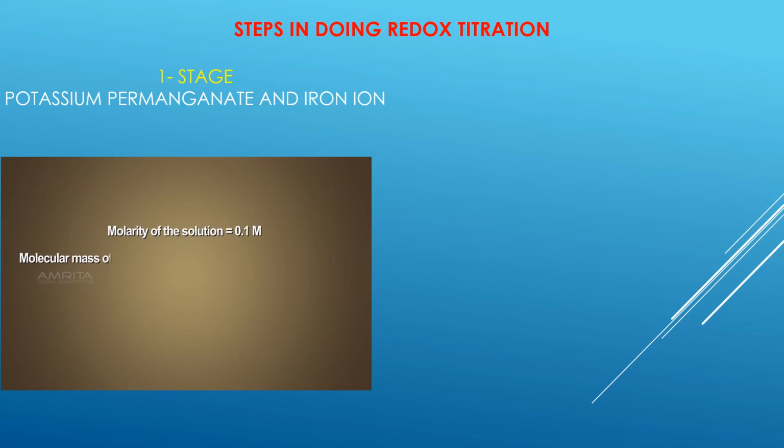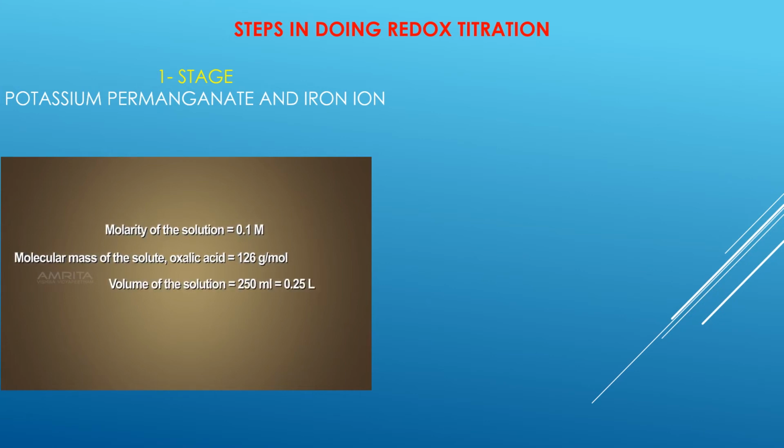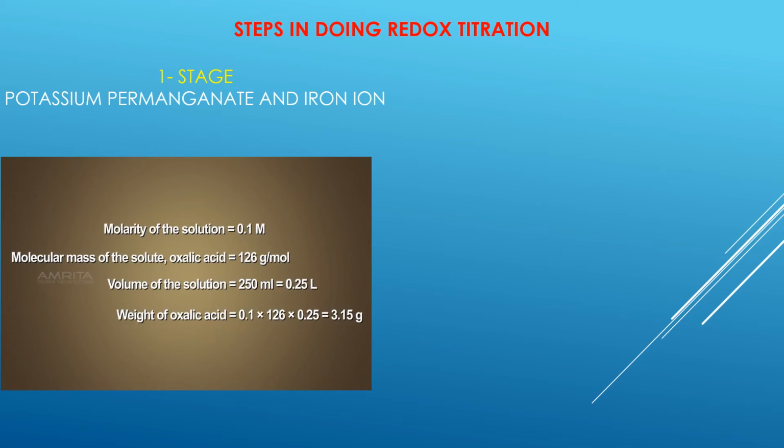Molecular mass of the solute oxalic acid is 126 grams per mole. Volume of the solution is equal to 250 ml, that is equal to 0.25 liters. Therefore, the weight of oxalic acid required is equal to 0.1 × 126 × 0.25, that is equal to 3.15 grams.